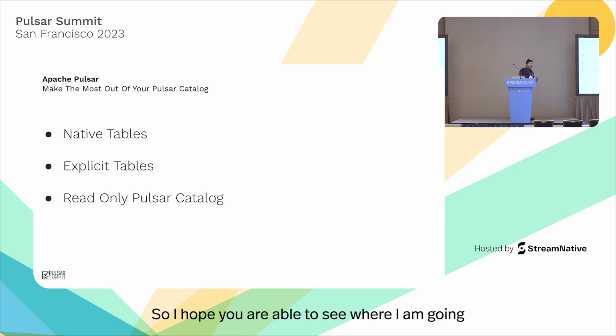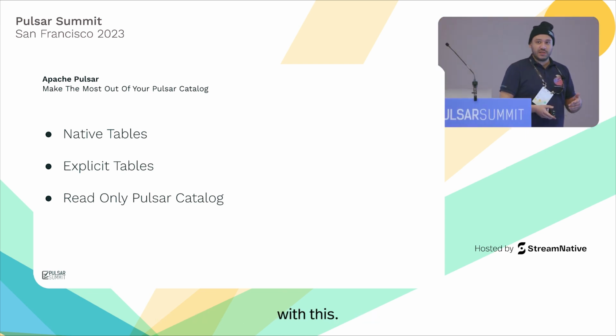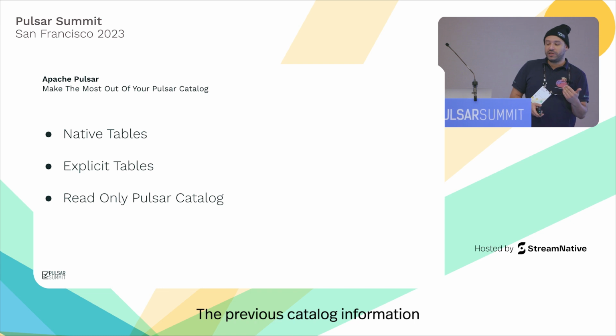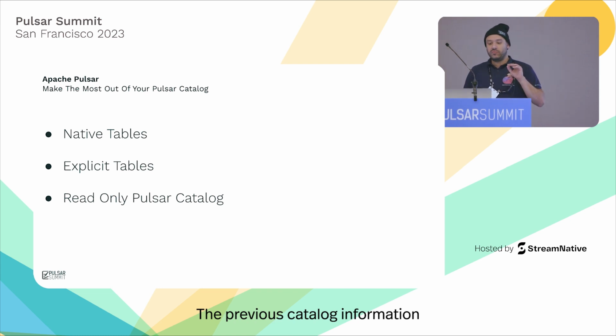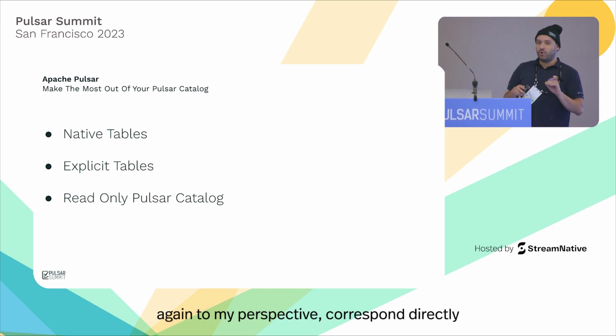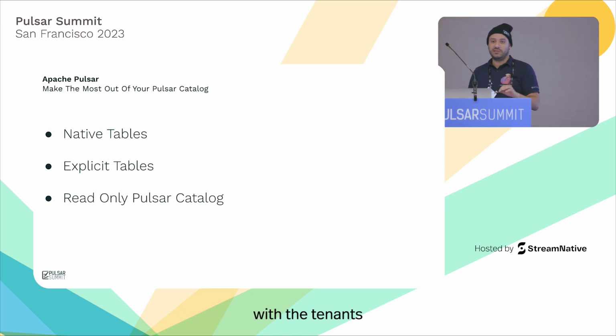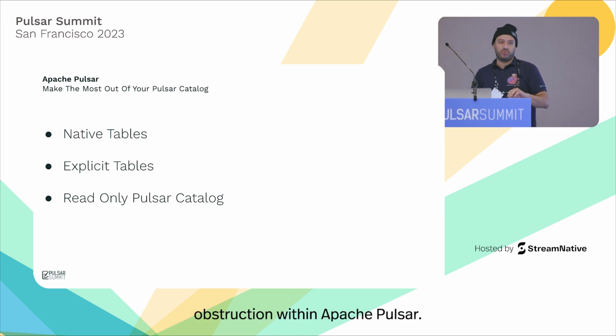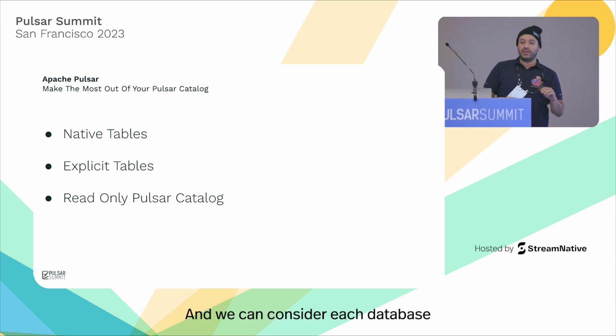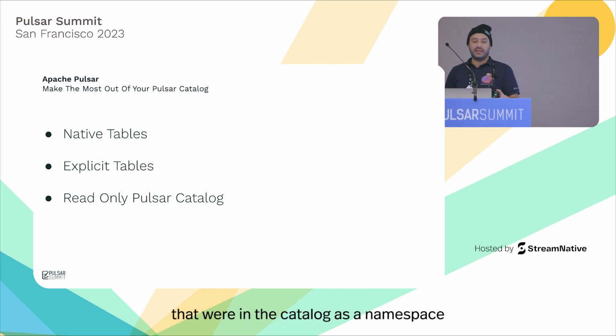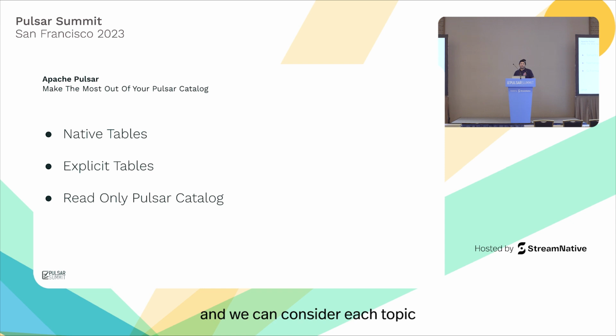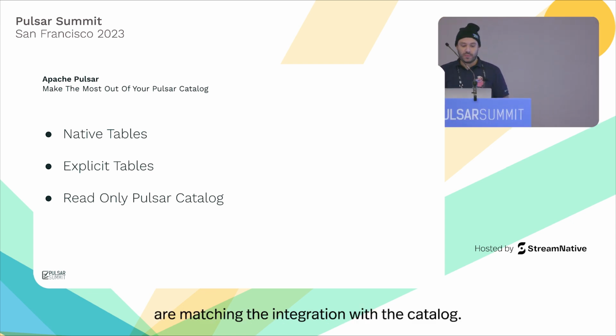So I hope you are able to see where I am going with this. The previous catalog information, again from my perspective, corresponds directly with the tenant abstraction within Apache Pulsar, right? We can consider each database in the catalog as a namespace, and each topic within a namespace as a table, if we are making the integration with the catalog.